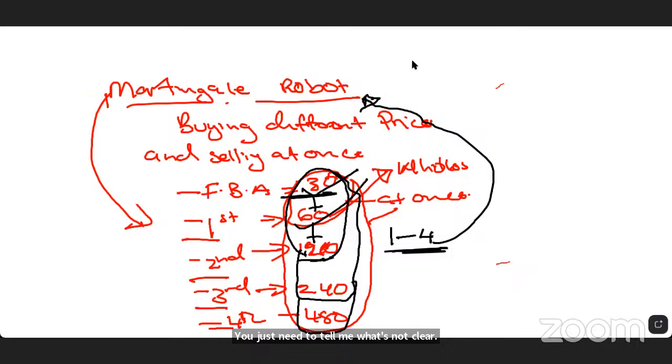Now you see, friends, when you say it's not clear and you don't tell me where it is not clear. The RSI. Now, have I talked about RSI, KDJ, and MACD here?